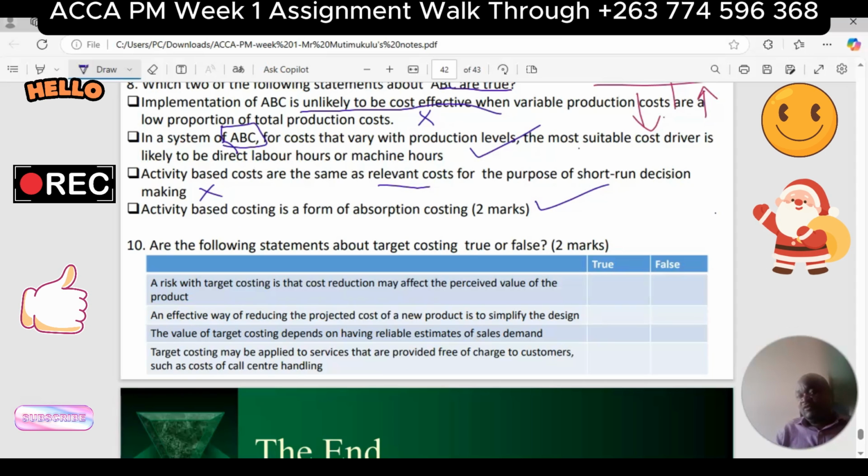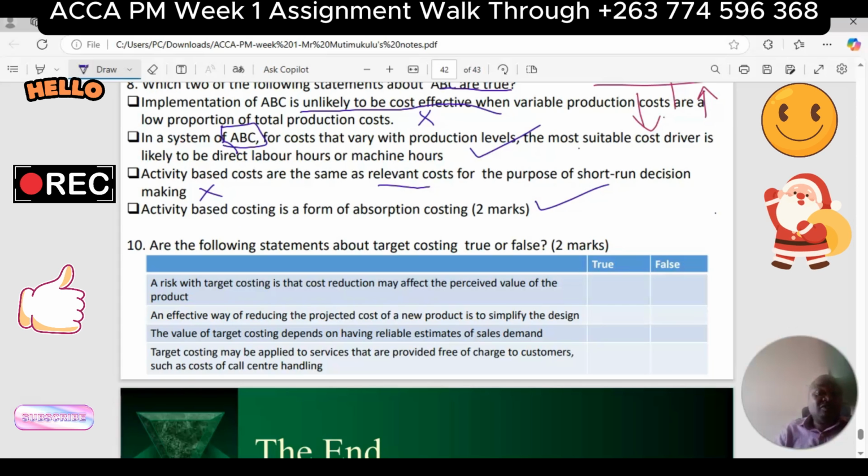Okay, during the marking of your assignments, I did not penalize you if you found something wrong. I was only going to tick wrong that item which you found wrong, but the rest of that particular question was marked correct. That's what I was doing. But if I was so cruel, I was supposed to give you a 0, and most of you wouldn't have crossed over the 50% benchmark.